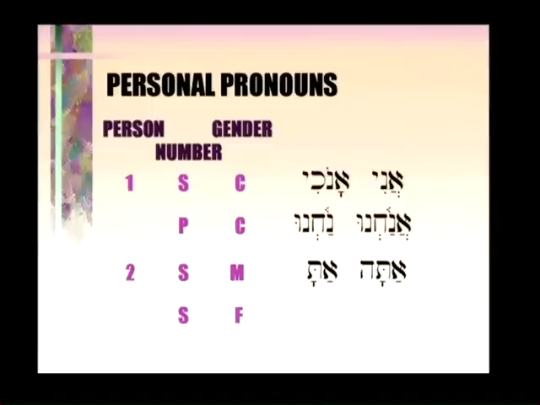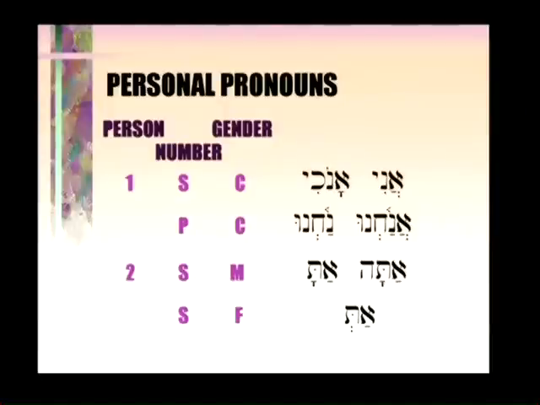Everyone pronounce it? Ata and ata. They're both pronounced ata. Then we go to the feminine singular, and it's at. Everyone? At. All right. So as we look at these, try to keep these in mind. They're very significant, very important. One of the ways to remember the I is it has the E on the end, a hirik yod.